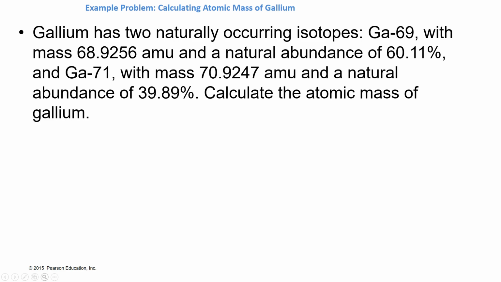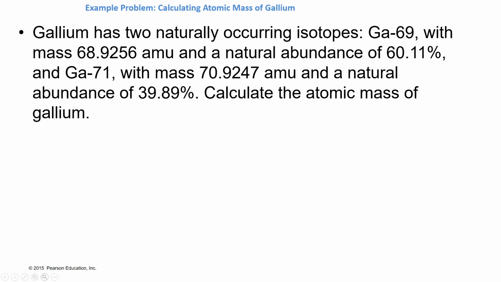It says gallium has two naturally occurring isotopes: gallium-69 with a mass of 68.9256 AMU and a natural abundance of 60.11%, and gallium-71 with a mass of 70.9247 and a natural abundance of 39.89.